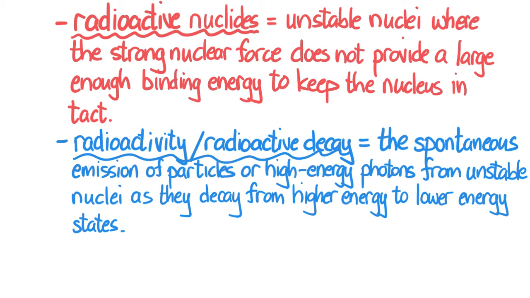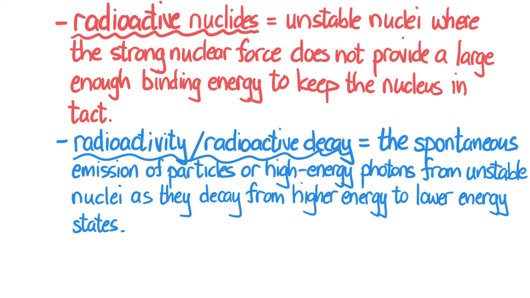They mean the same thing. This is the spontaneous emission of particles or high energy photons from unstable nuclei as they decay from higher energy to lower energy states. So firstly, the word spontaneous means that it is not initiated.